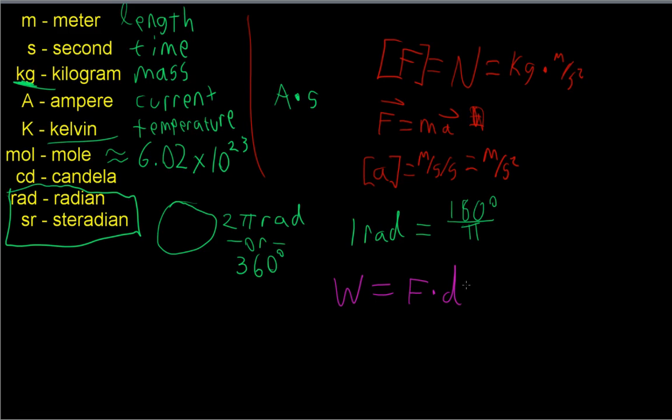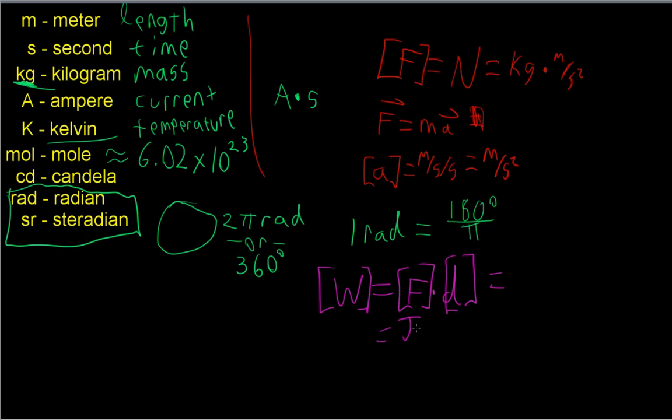If it's off at an angle, there's a correction factor based on how much of an angle it is. But essentially, you can get the units for work by looking at the base units of force and the base units of distance.